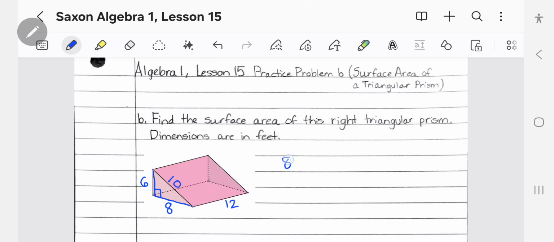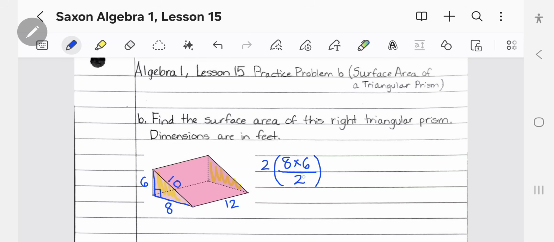So we're going to have 8 times 6 divided by 2, right? Now, we have 2 of those, because you've got this front and you've got this back. So the way the book is going to list that, it's going to show that you're doubling it. Well, what happens if you take half of something and then you double it?